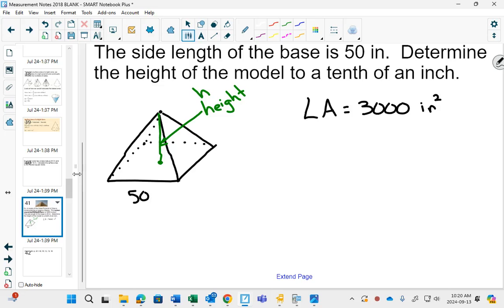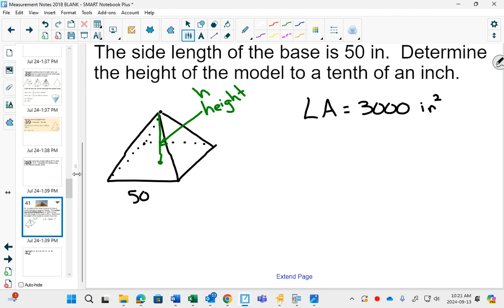So currently, with the three pieces of information that we know, there is no way to directly figure out what the height is. Okay? What we have to do is work our way forwards and backwards to be able to solve this. And this is typical in a problem-solving question.